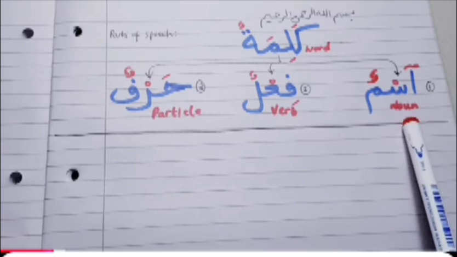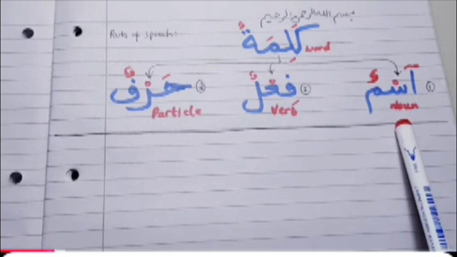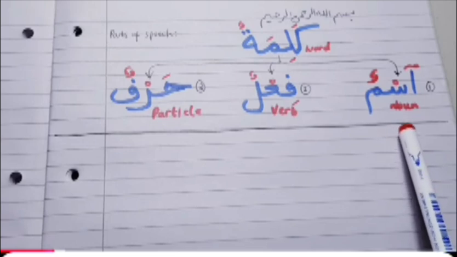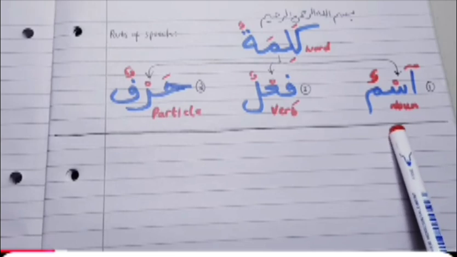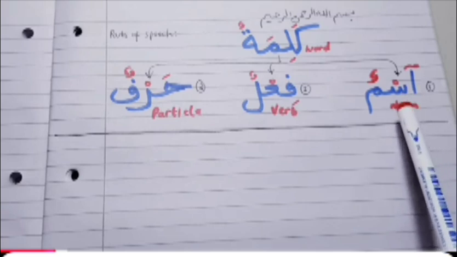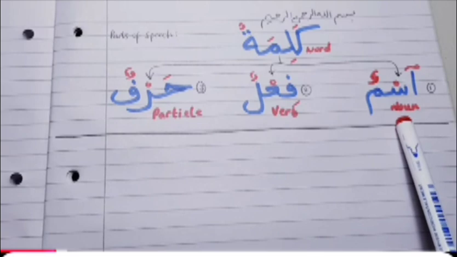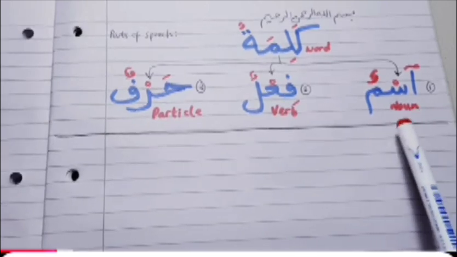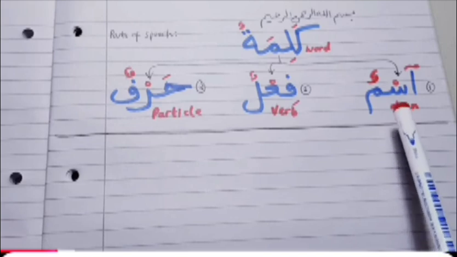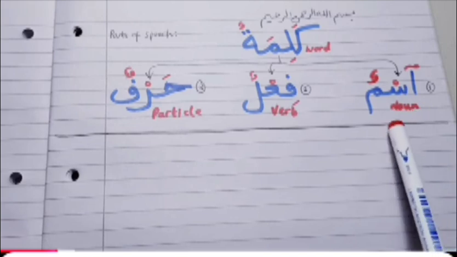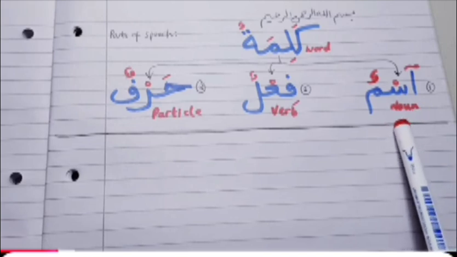Nouns in the Arabic language make up the majority of the language. Probably around 60% or 70% of the language is built up of nouns, asma. So it's only fitting that the author concentrates more on this than anything else. And this is what we're going to concentrate on in book 1, nouns.